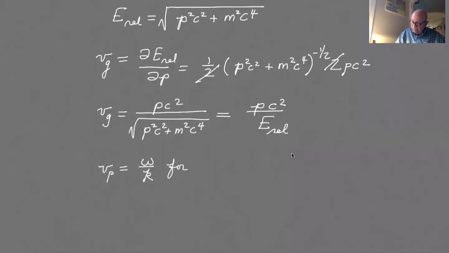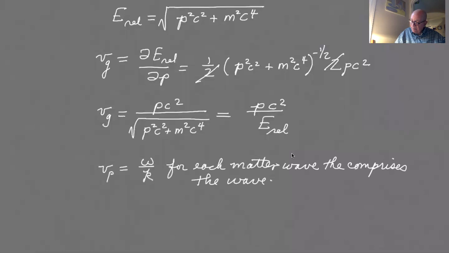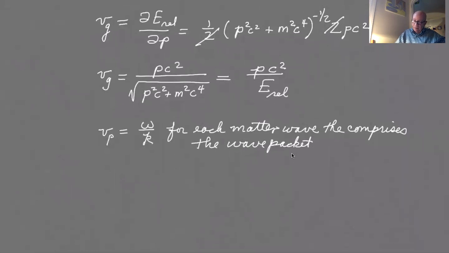This is for each matter wave that comprises the wave packet. So v phase is equal to E over p, again using the Einstein-Planck relationship and the de Broglie hypothesis.